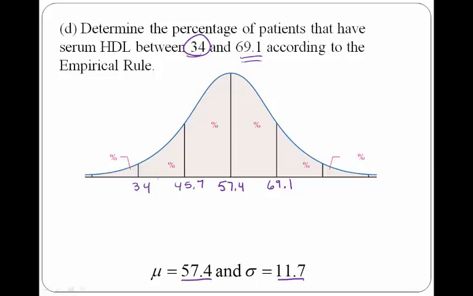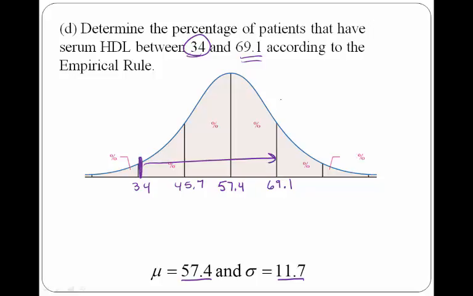So the problem is asking what percentage of the patients would be between 34 and 69.1, because 34 is 2 standard deviations below the mean and 69.1 is 1 standard deviation above the mean.